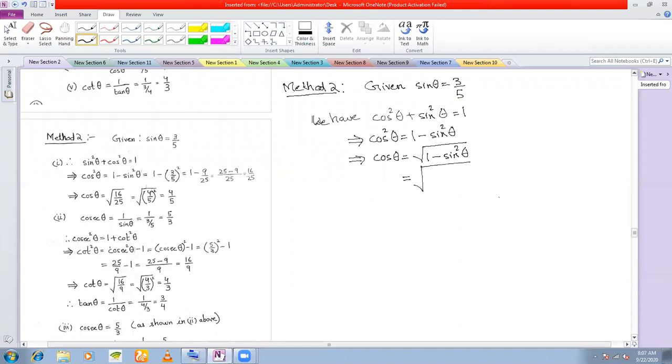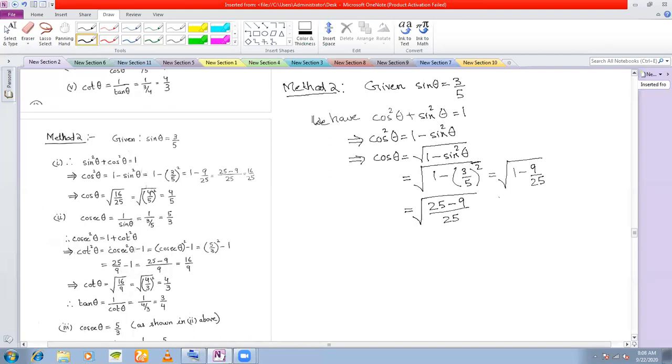Cos theta should be root over 1 minus 3 by 5 square. This is 1 minus 9 by 25, which is square root of 25 minus 9 by 25.